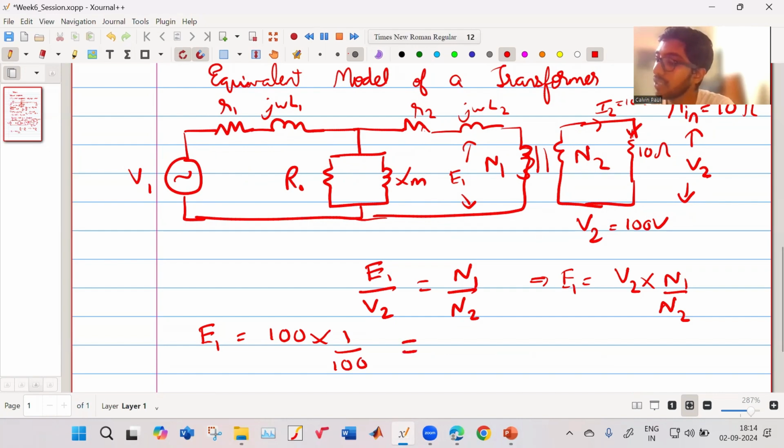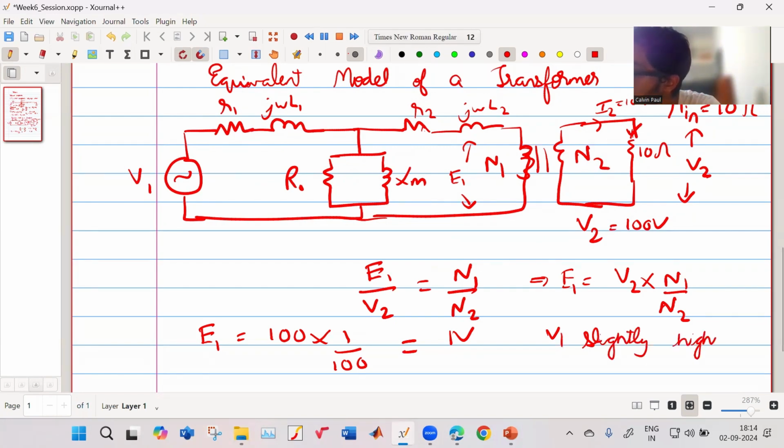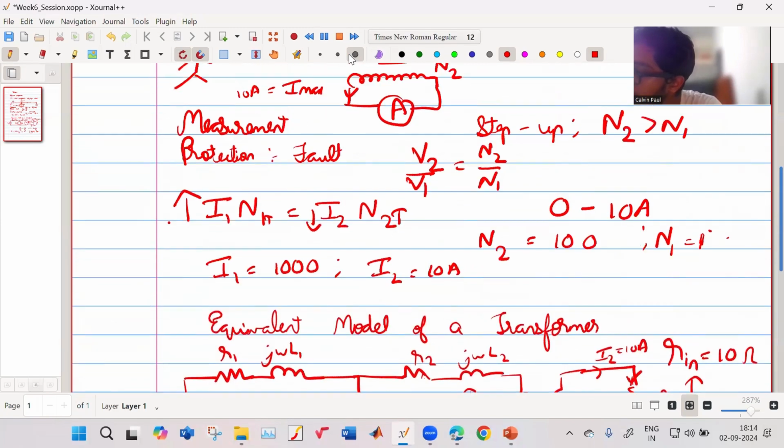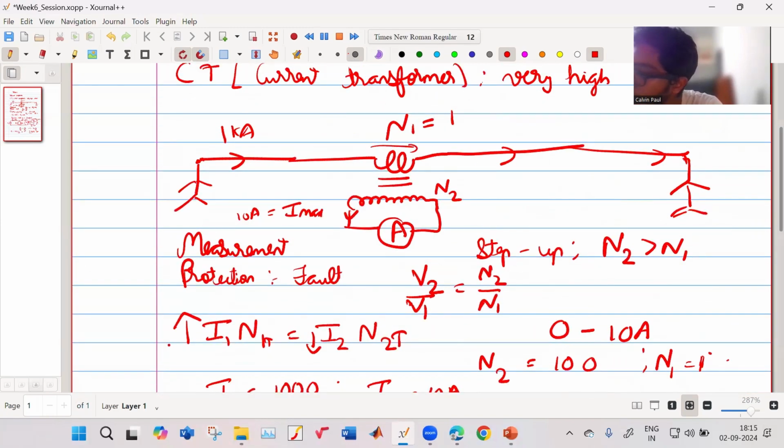So my E1 becomes equal to 1 volt. My V1 will be slightly higher than E1. That is why this drop over here is very low, approximately 1 volt.